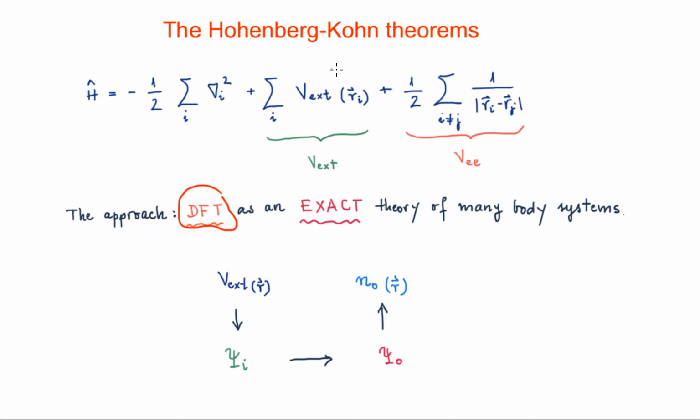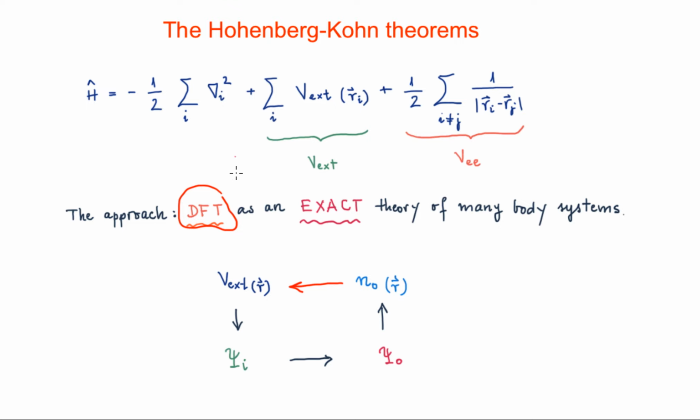What the Hohenberg-Kohn theorem states is that we can close the circle here. If we have the ground state electronic density, this ground state electronic density uniquely determines the external potential we have. And if it uniquely determines the external potential, we are determining the total Hamiltonian.